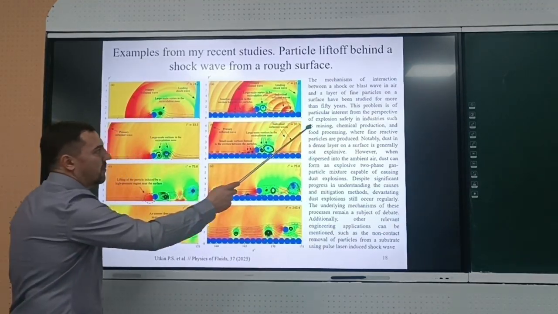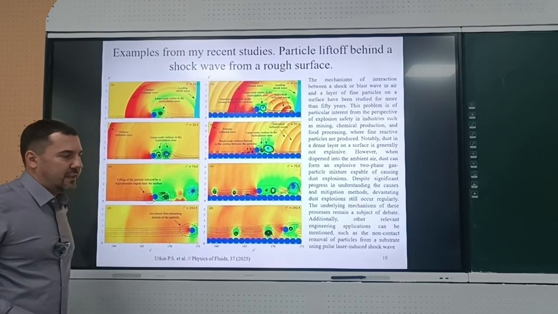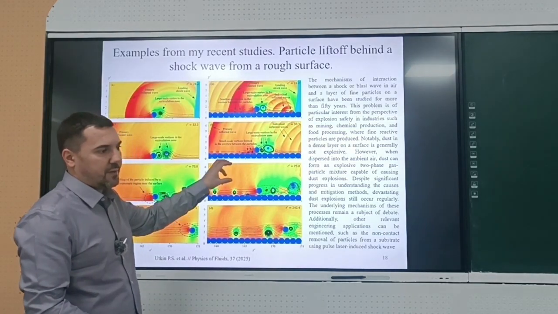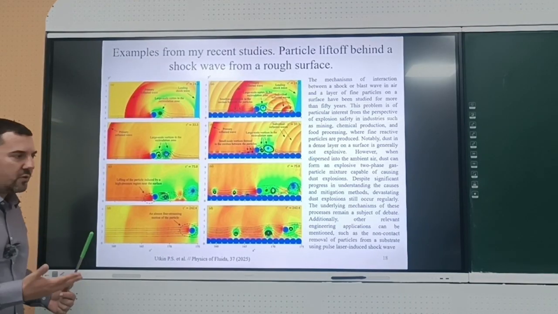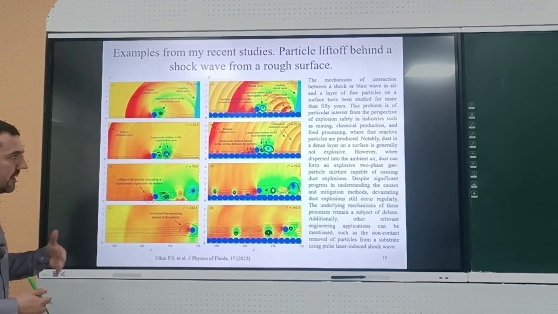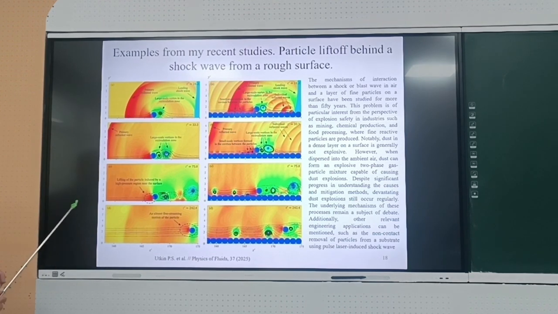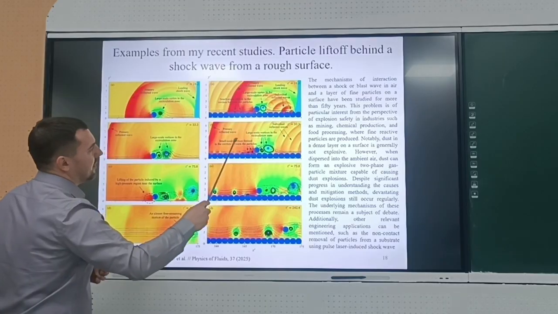Yes, it has been studied for more than 50 years, but actually nobody tried to do such simulations using particle-resolved approaches. So usually people do it using two-phase flow models, but my scientific interest was to simulate this process with the consideration of each particle separately.